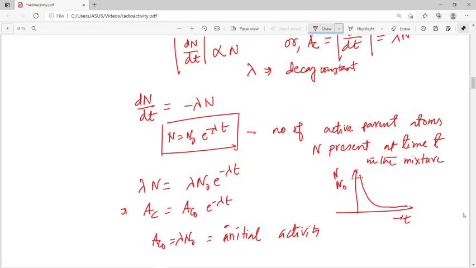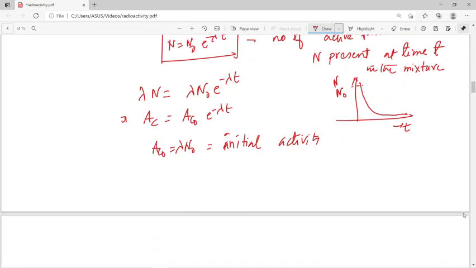And of course, the number of nuclei decayed is n naught minus n.